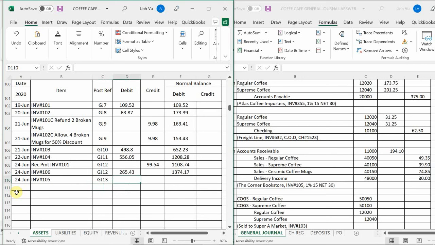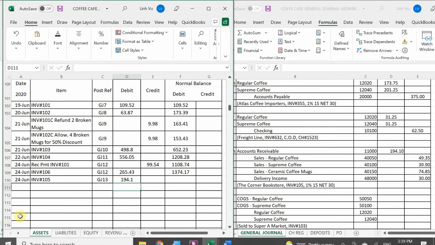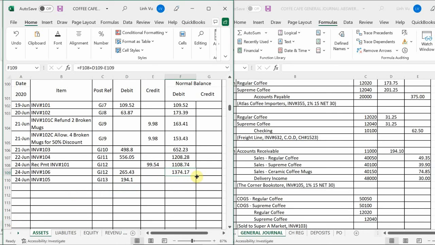How much does the Corner Bookstore owe me? $194.10. So in this case, in grand total, how much do people owe me? How much do the customers owe the company? $1568.27. Excellent.